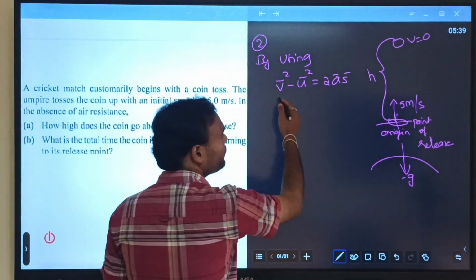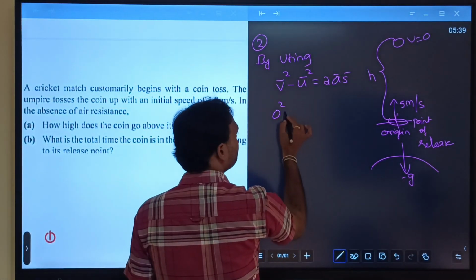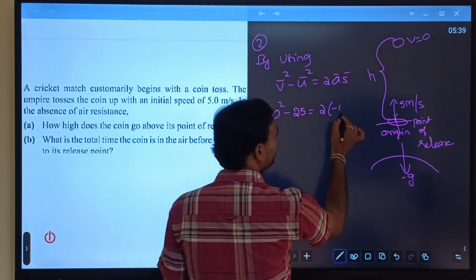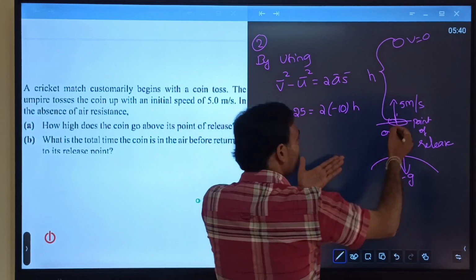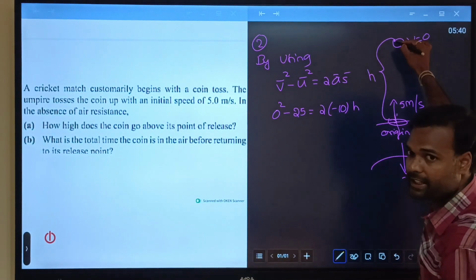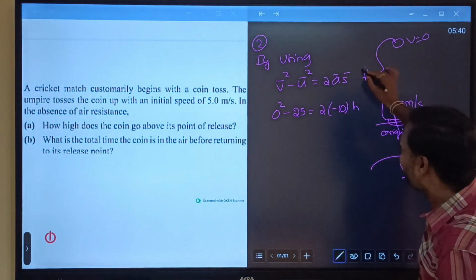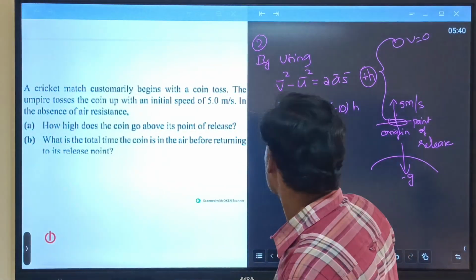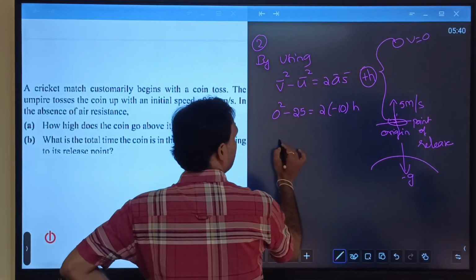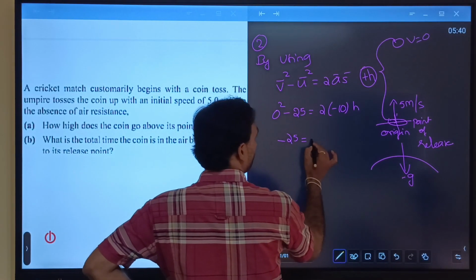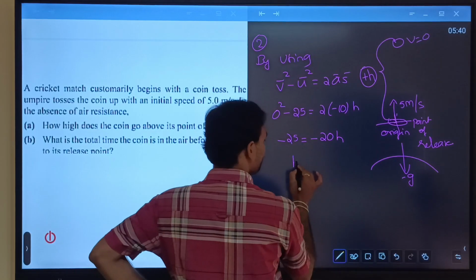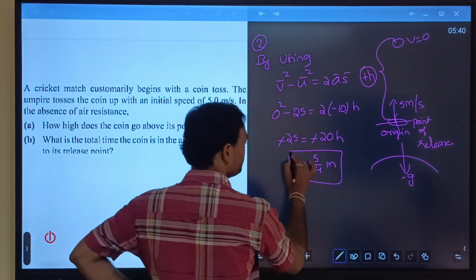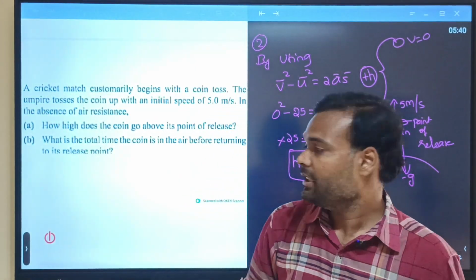Now v square, that is 0 square, minus 25 is equal to minus 10 times h. See, the object is moving in the upward direction, so height will be considered positive. From the origin to the upward direction we are considering as positive, right? So I am considering it as positive. Then minus 25 equals minus 20h, the minus signs cancel, so h is equal to 5 by 4 meter.